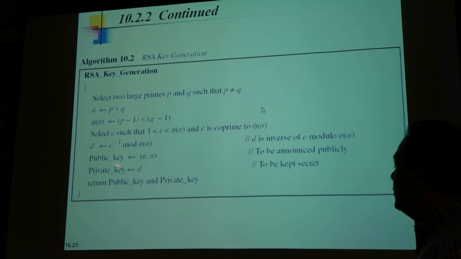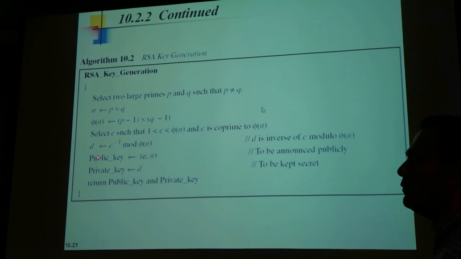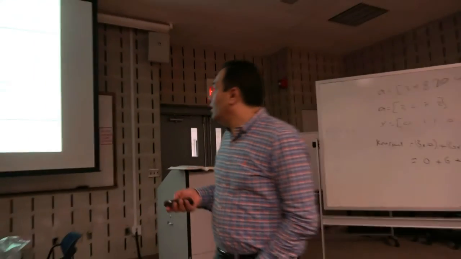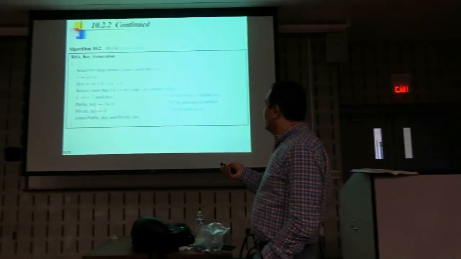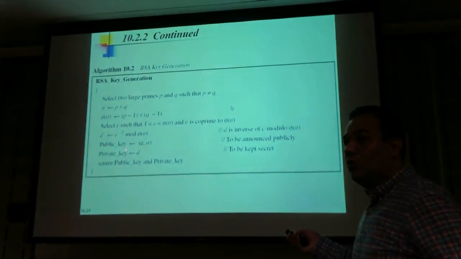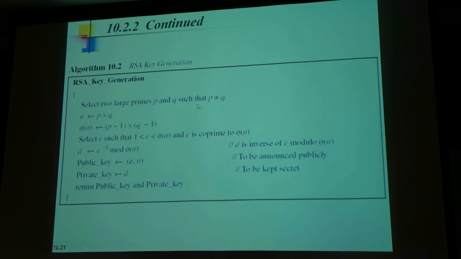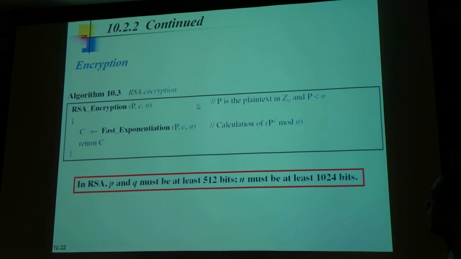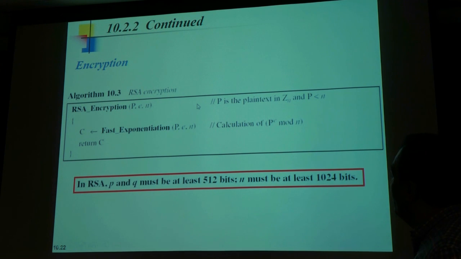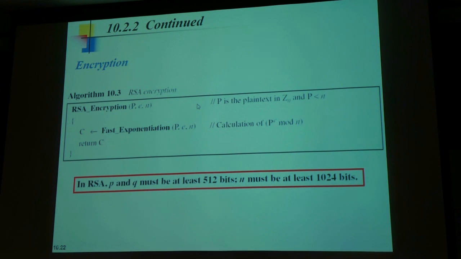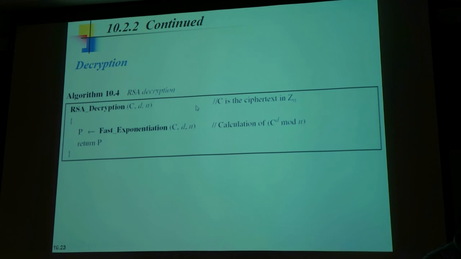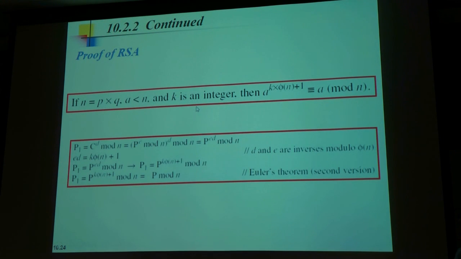Then you calculate the multiplicative inverse of E, which will be D. So the public key will be E and N, and the private key will be D, and that's what you will share. So this is the algorithm for encryption, and this is for decryption. Let's take an example. The best thing is to go right away to an example.